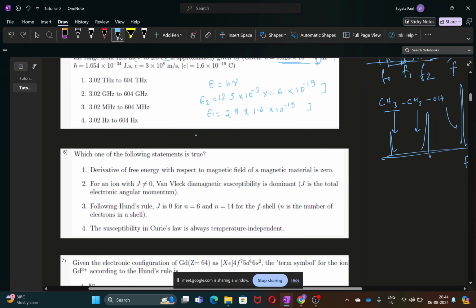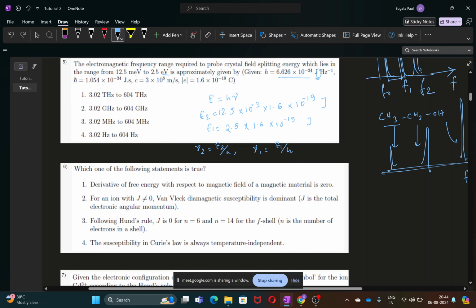And then your nu2 is just E2 by h, and nu1 is just E1 by h. For h you put the value of 6.626 into 10 to the power minus 34, joule per hertz, and on top it is joule. So by cancelling out the unit, you get nu in hertz.